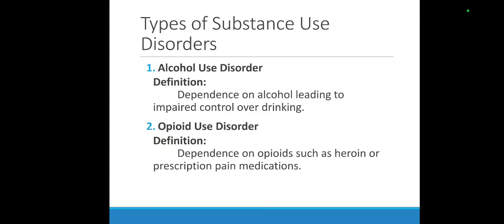Before giving opioid medications, you have to at least try other non-opioid medications to manage the pain of the patient, and avoid stopping the medication abruptly because the patient may experience withdrawal symptoms. So to avoid that, you have to completely assess the patient's pain.